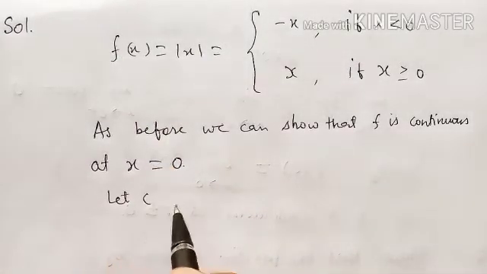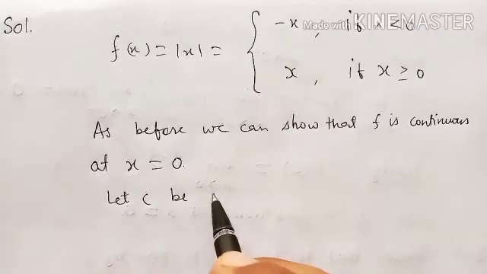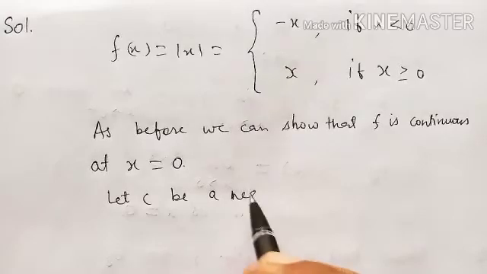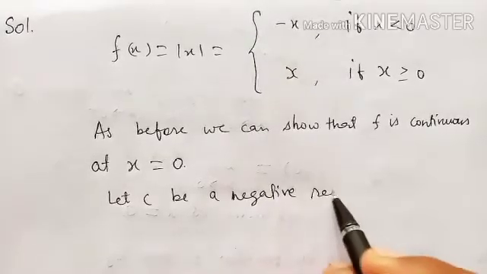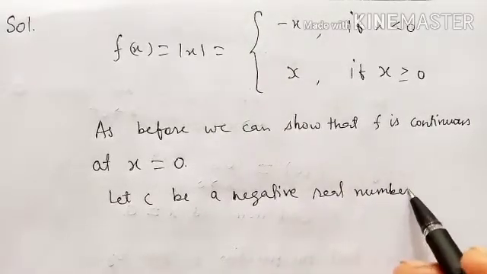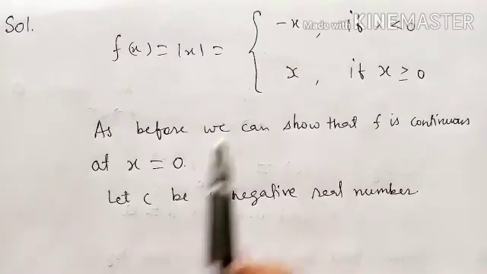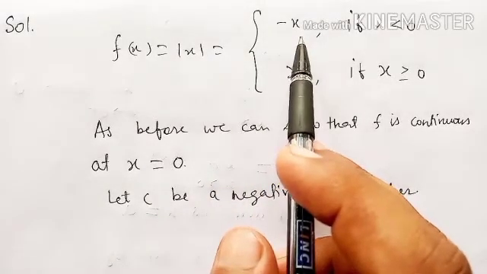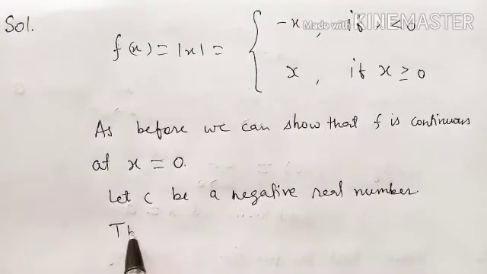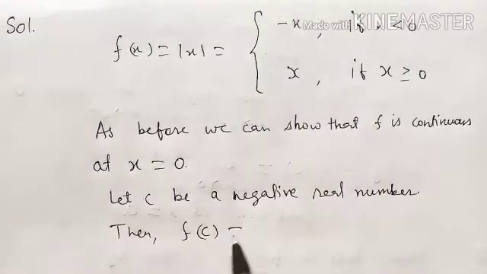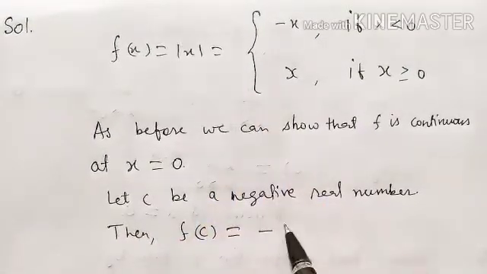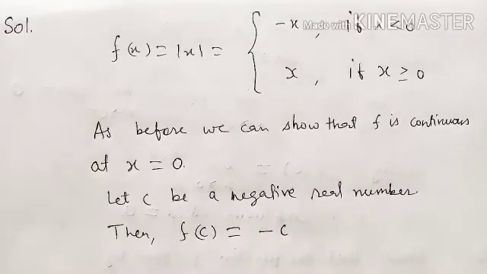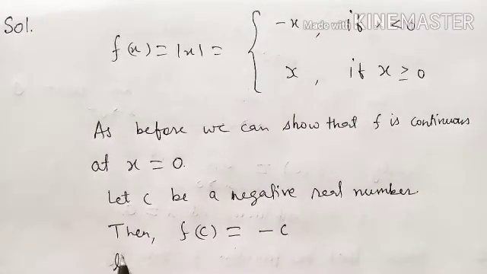Let c be a negative real number. Then for this c, f(x) is minus x. Then f(c) is equal to minus c, since c is negative. Now let us discuss the limit.